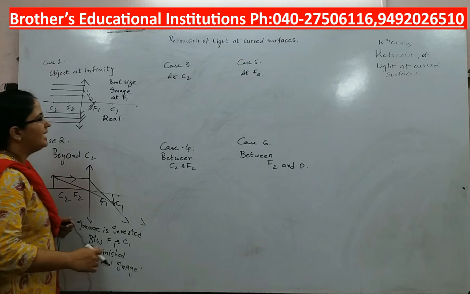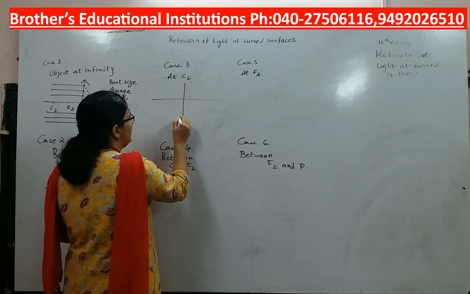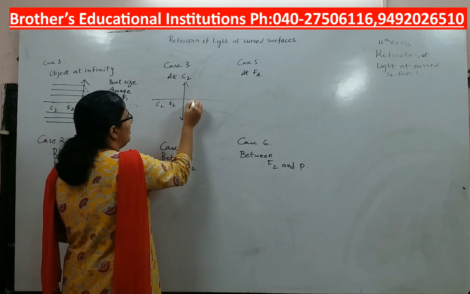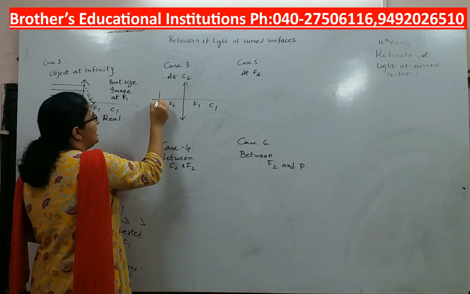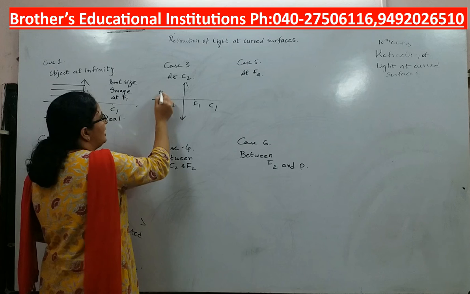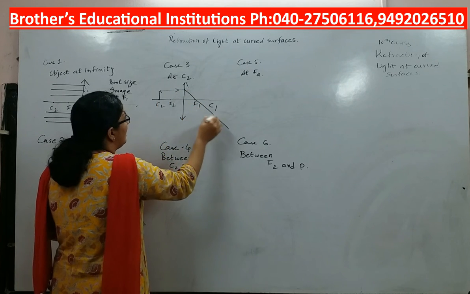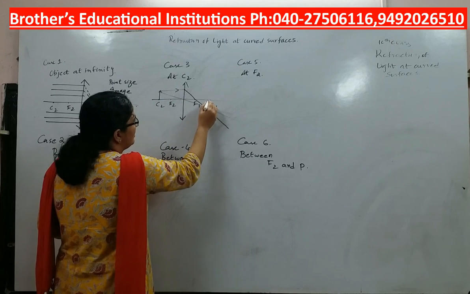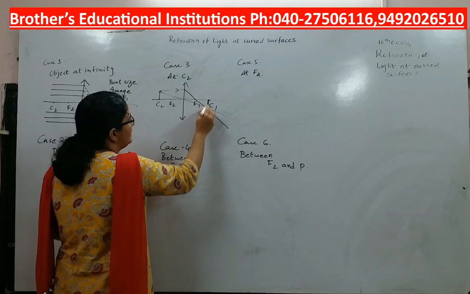Next case, we will take the object at C2. C2, F2, F1, C1. Object I am placing at C2. One ray I am taking parallel to the principal axis, so it will pass through focus. Another ray I am taking passing through the optic center. So it is formed at C1.